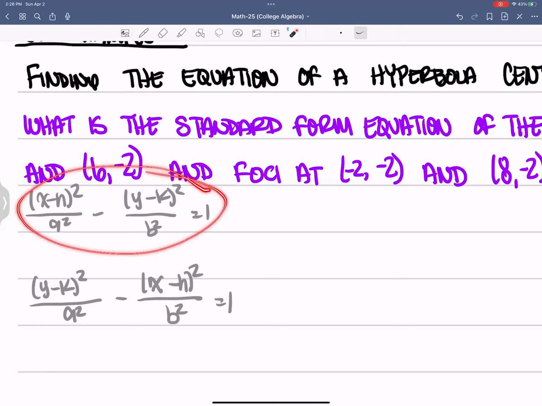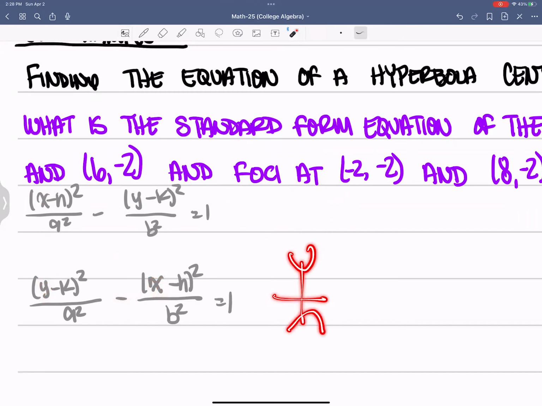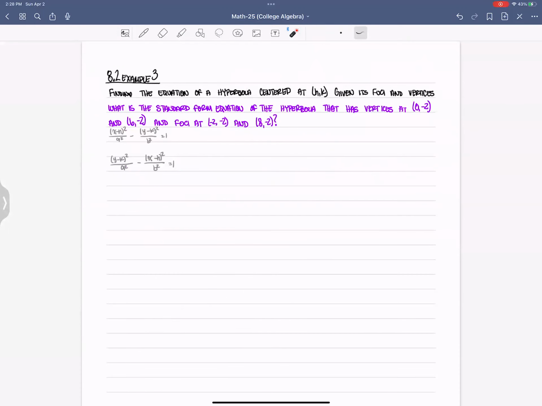This first one, remember, we graph on x, not on y. So it is going to be in this form. This one, we graph on y, not x. That one's going to be in a form like this. So let's see what we have right now.